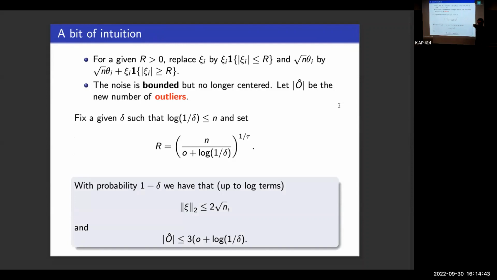You specify the R that you want, and we can prove something similar to this. If I specify R corresponding to this threshold, everything happens as if my noise is bounded by R, and the noise variables larger than R would number as much as 3 times the number of outliers. So I'm inflating the number of outliers a bit, but I can assume that my variables are bounded.